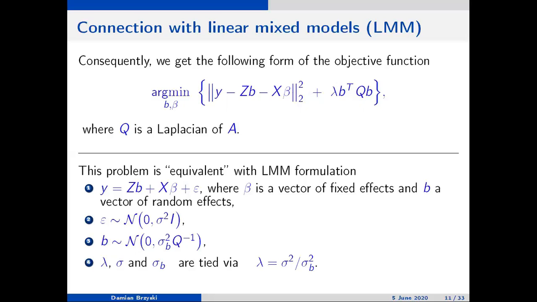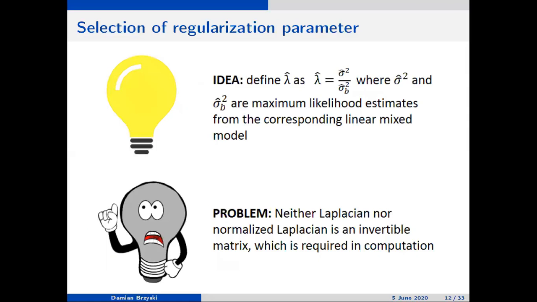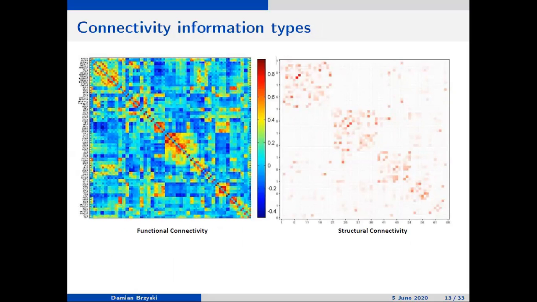So you need to assume that Q is invertible, which is not the case when you use only the Laplacian of A. So this was one problem we were struggling with. And last time Jarek described how this problem can be addressed, but I would like to tell something about a different kind of problem, and later in a few slides I will introduce the approach which can solve those two problems.